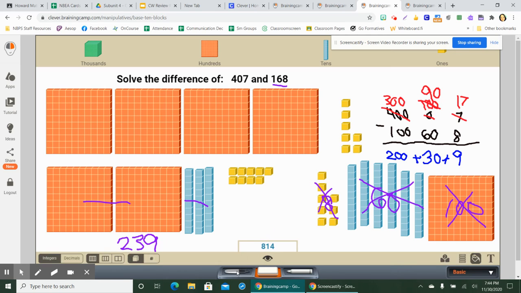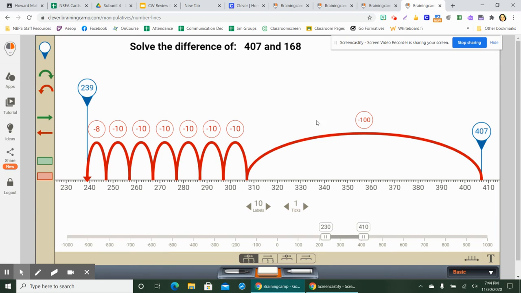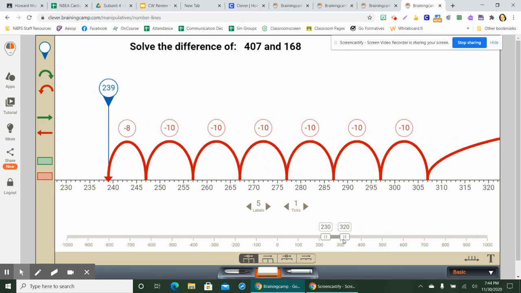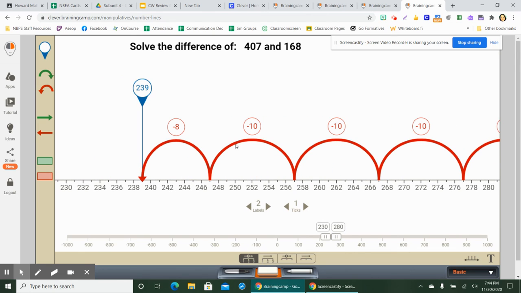And for those of you that like the number line, here is the last strategy. Again, you're going to have to use these little buttons. You're going to start at 407. And then I took away 100. Then I did 6 tens. And I have 8. And again, I'm going to move these to zoom in.